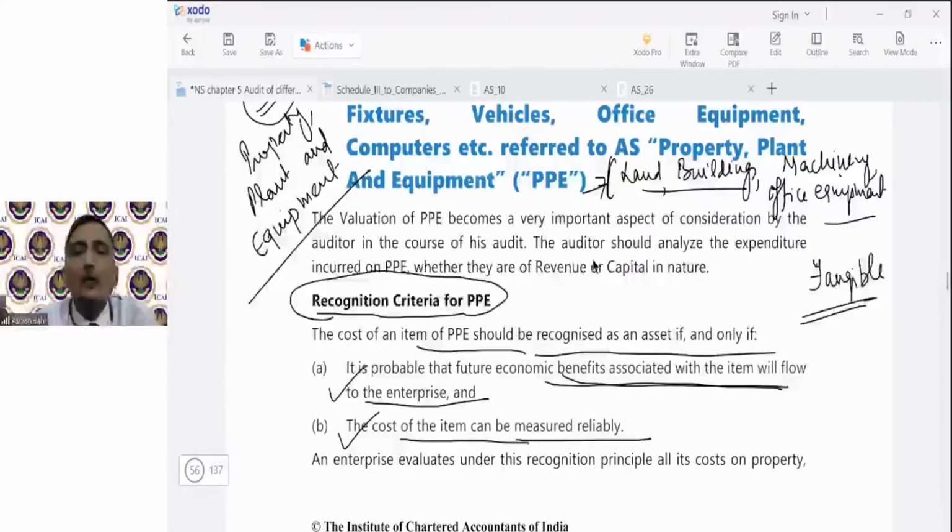So these two factors should be there for recognizing the cost of an item of PPE, property, plant and equipment. Future economic benefit should be there and its cost should be precisely measurable, only then do we recognize its cost as per AS 10, accounting standard 10. Clear, students?